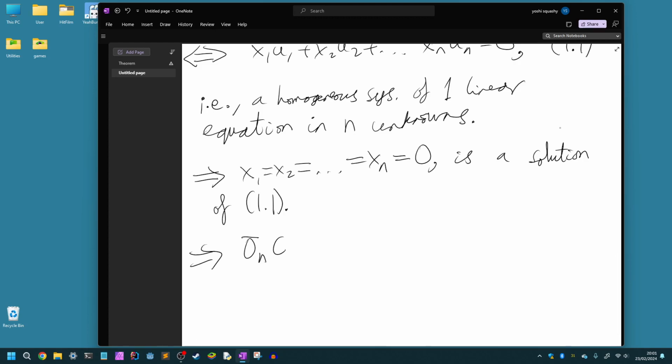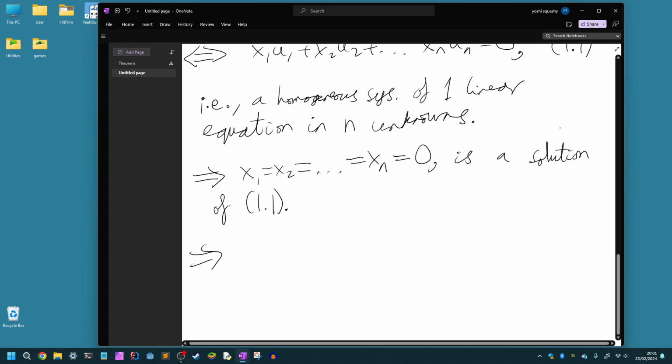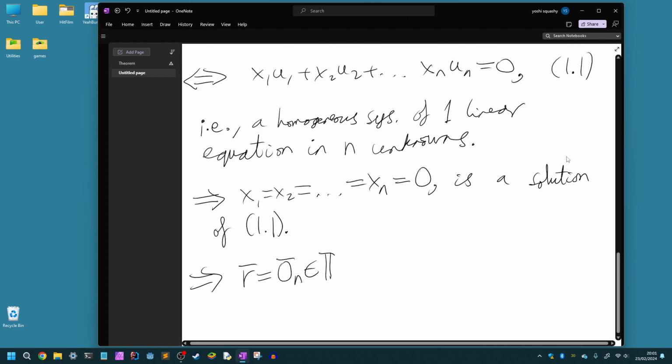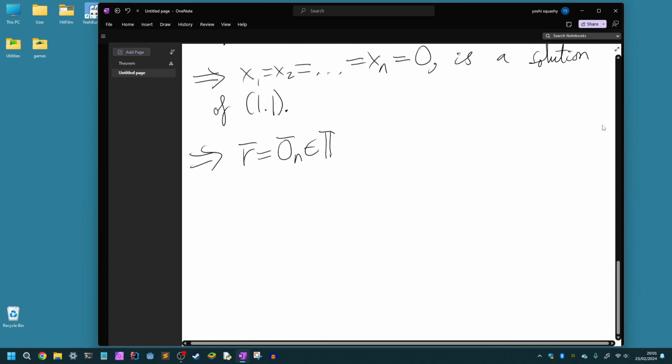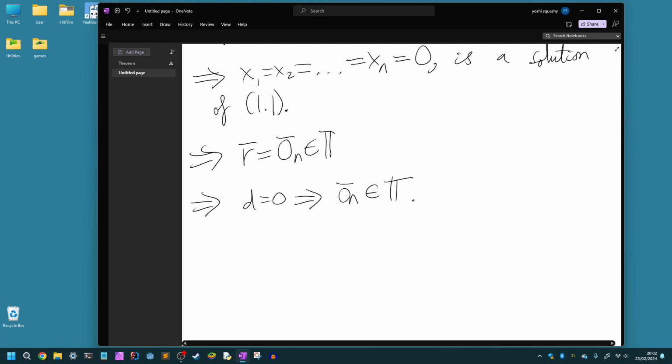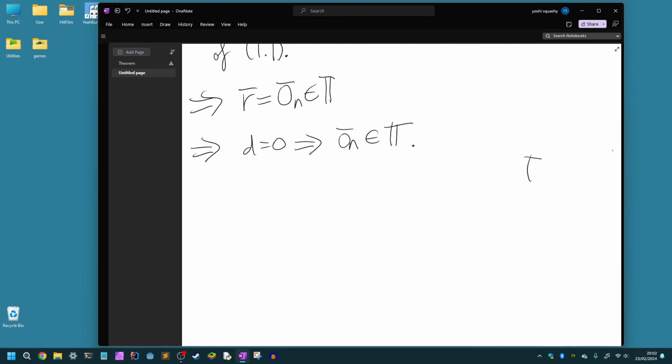No, it implies r equals 0 and is of the set pi. It implies that d equals 0, implies that 0_n is of the set pi, which is an n-1 dimensional hyperplane.